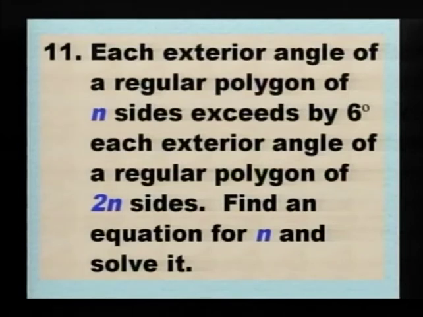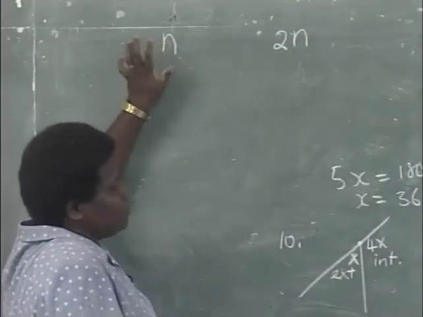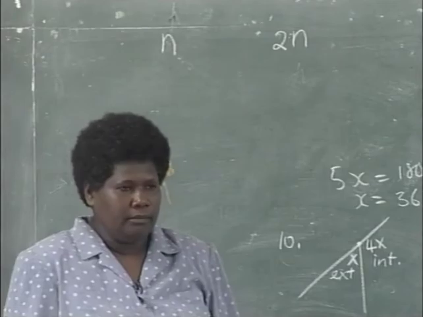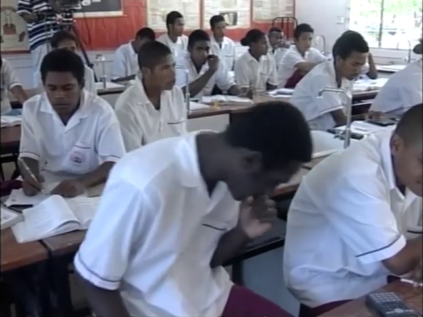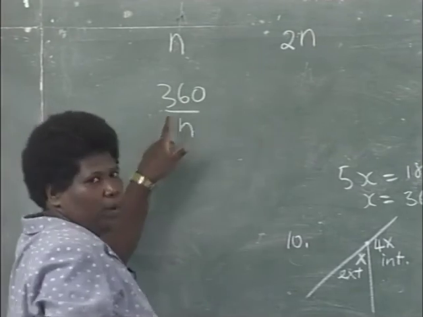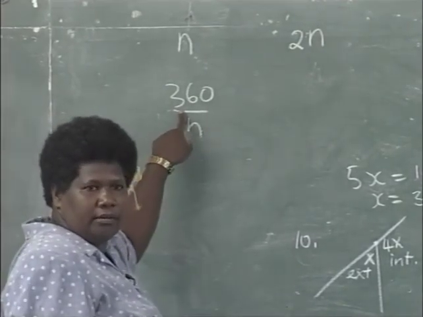I want to find the size of one exterior angle of a polygon that has n sides. You divide 360 by n sides. Okay, 360 by n. This is one exterior angle.